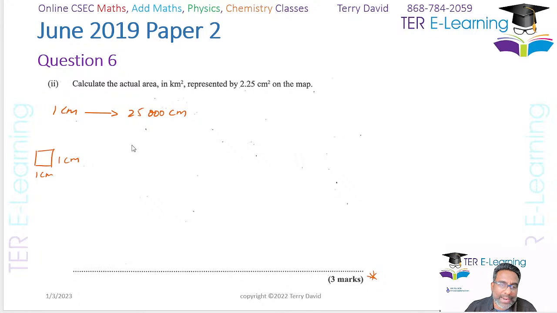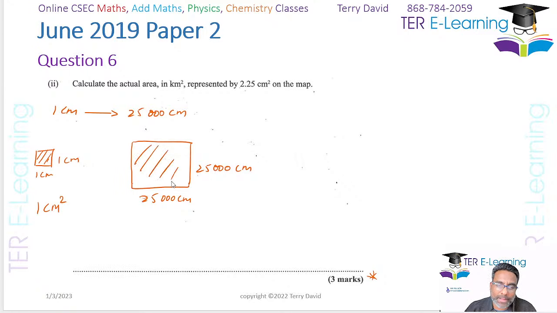In actuality, it's going to be 25,000 cm by 25,000 cm. So this small square has an area of 1 cm squared, and this one has an area of 25,000 multiplied by 25,000 cm squared.